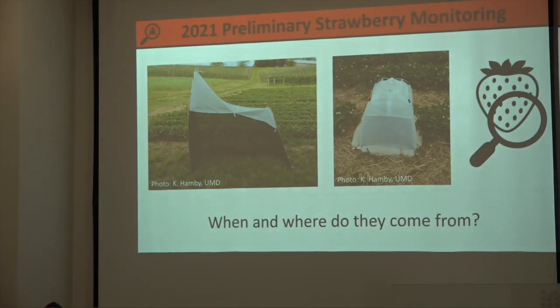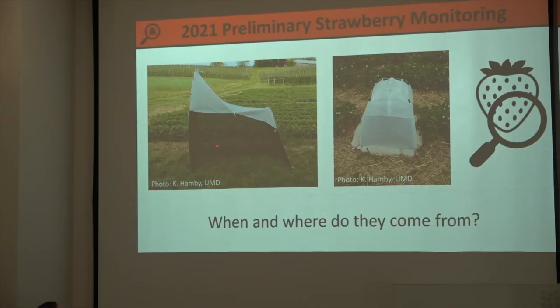So in 2021, we did some preliminary strawberry monitoring, because there were some questions about whether or not they could be overwintering within strawberry fields. We tried to see when and where they came from. So we used these passive traps. This is called a malaise trap. It's basically got a big piece of fabric that they crash into, intercepting them between the woods and the strawberry field.